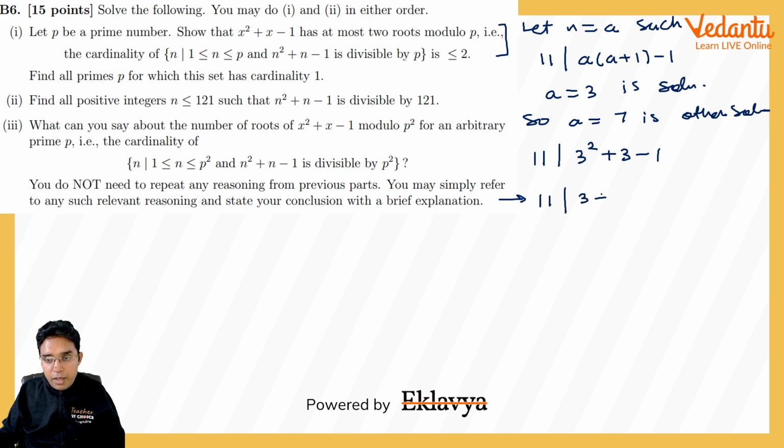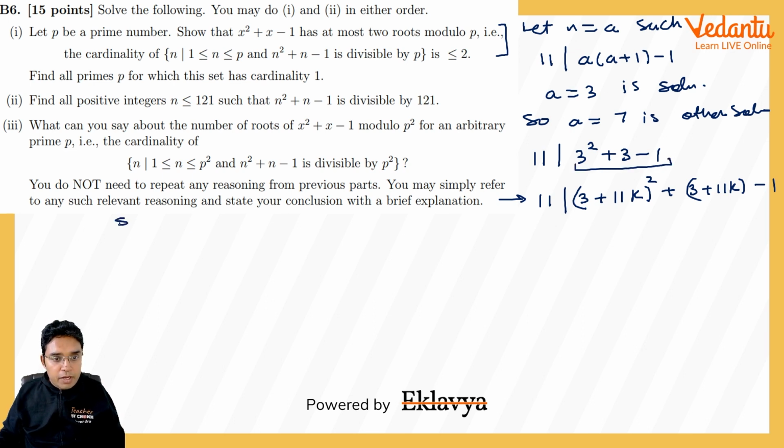divide it if I add any multiple of 11 to 3. Eleven will divide this also, you can check. If you open it, all the terms will be multiples of 11, or the remaining thing will be this thing.